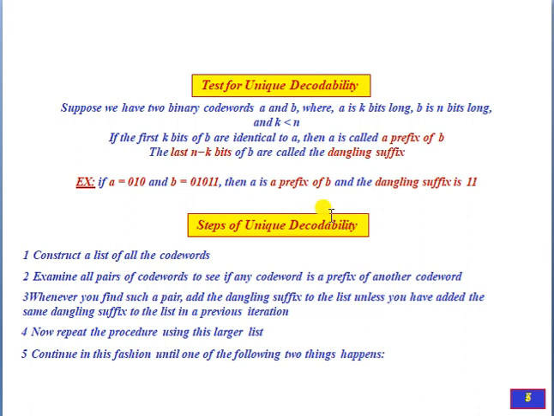As an example, say A is 010 and B is 01011, then A is a prefix of B and the dangling suffix is 11. So this explains what the dangling suffix is, the n minus k bits, where 010 is A, the prefix of B.